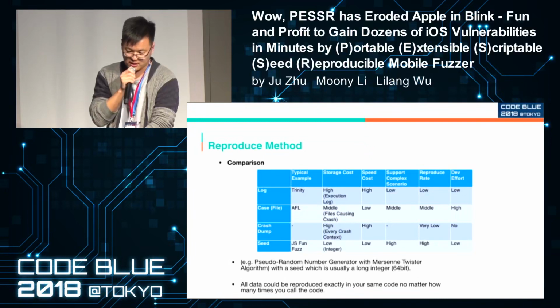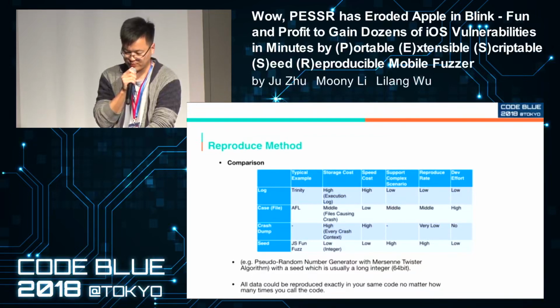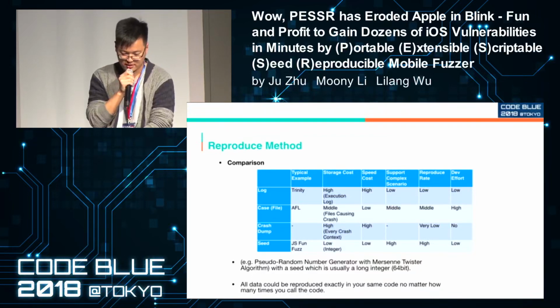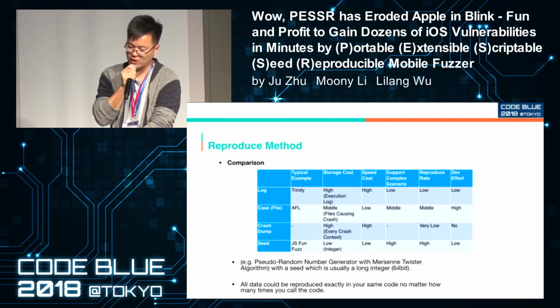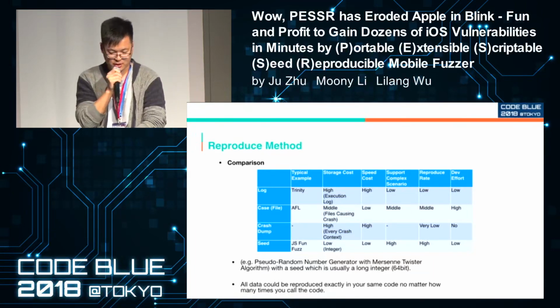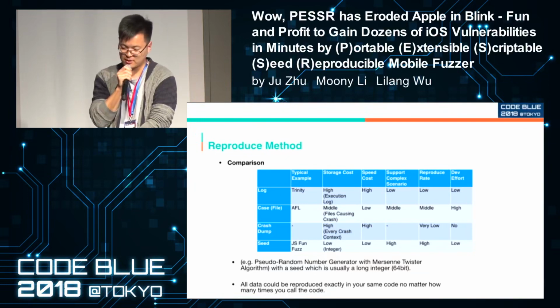There are also many methods to reproduce the crash. Here we list four, including log, test case file, crash dump, and seed. As mentioned before, we use a seed based on a pseudo random number generator with the Mersenne Twister algorithm to fuzz the targets.